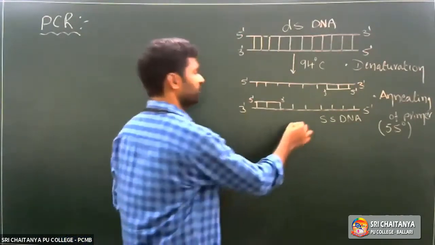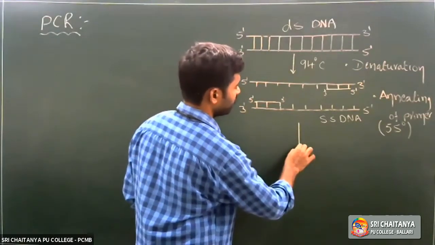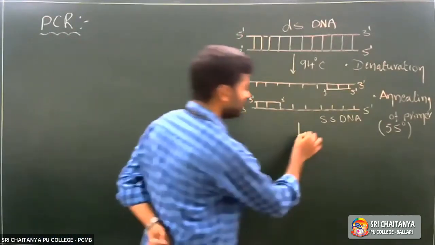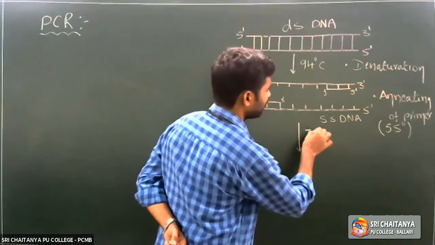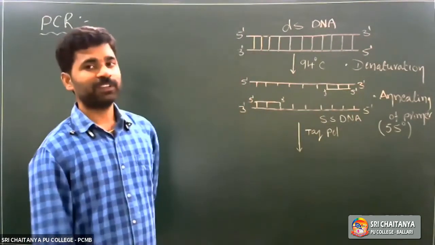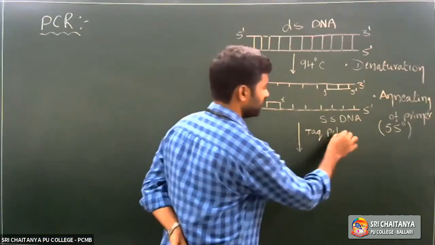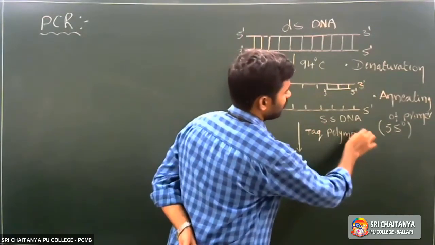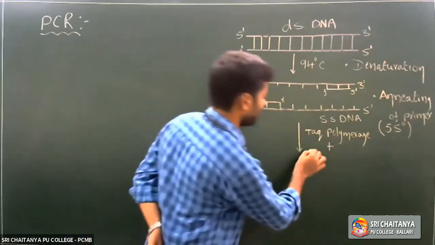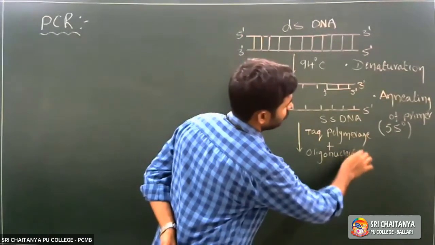Right? Then we come to the third step. What is the third step? Extension of primers. In this process, we need to add Taq polymerase enzyme, right? Into the PCR machine, we have to add Taq polymerase enzyme plus oligonucleotides.